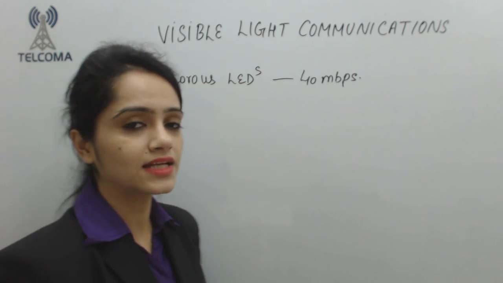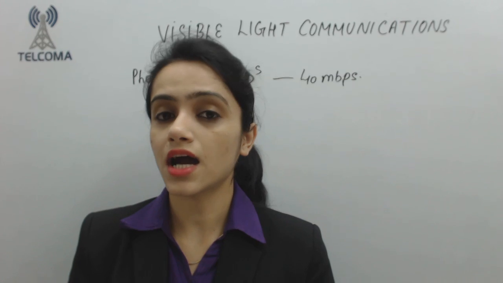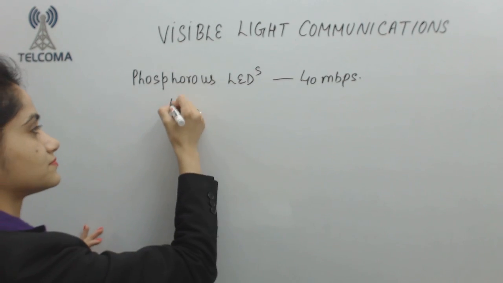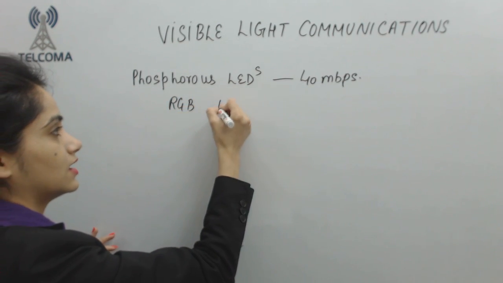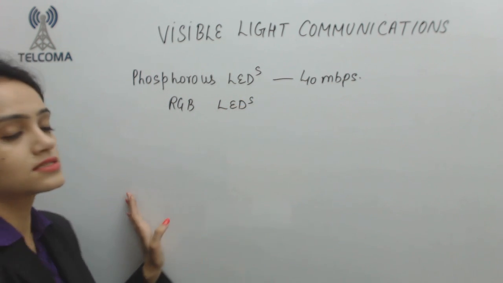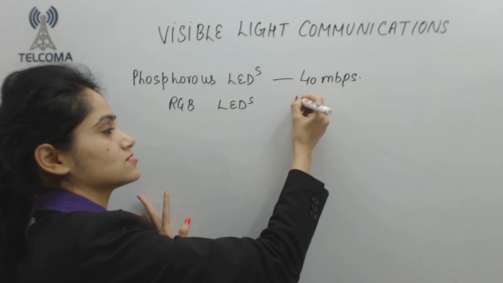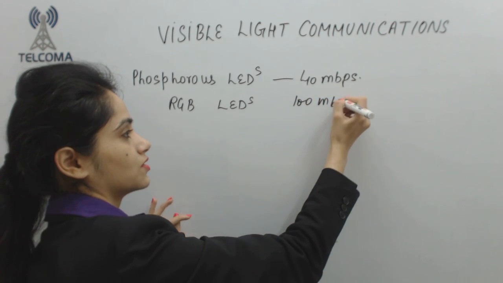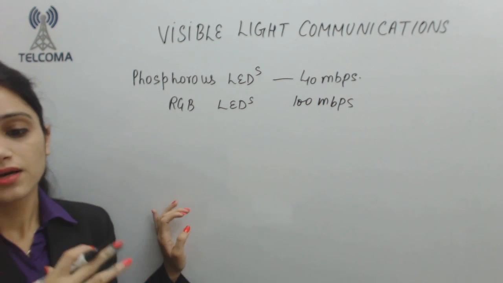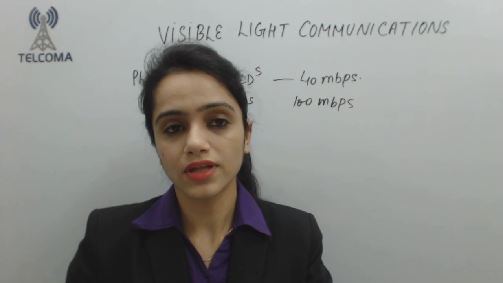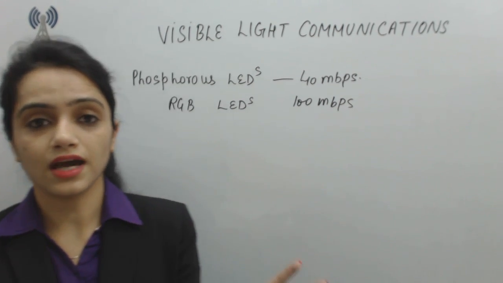Now we can use another type of LEDs that are known as RGB LEDs. Now these RGB LEDs can extend, that means the data can go up to 100 Mbps also. So we require to make powerful LEDs so that they can have the data access.